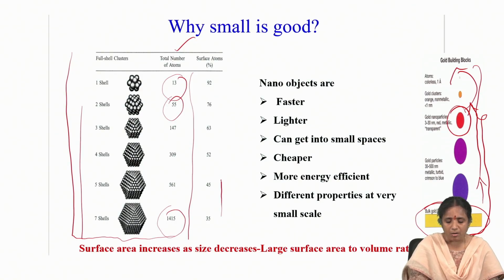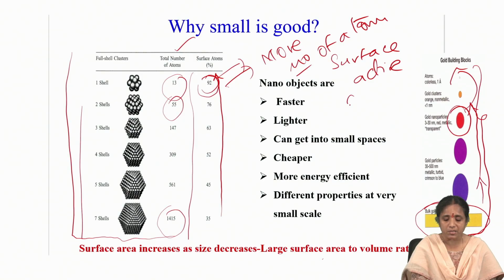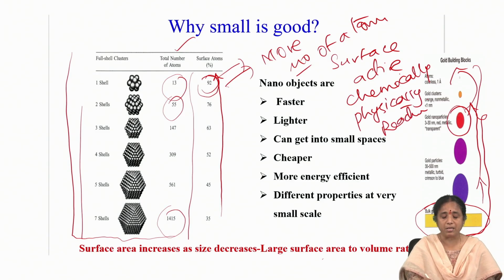You can see more atoms appearing on the surface. When more atoms appear on the surface, the surface becomes active. Surface becomes active means chemical reactions become more active. Chemically it becomes more active, and physically it will participate very fast in all the reactions. This is the main reason.